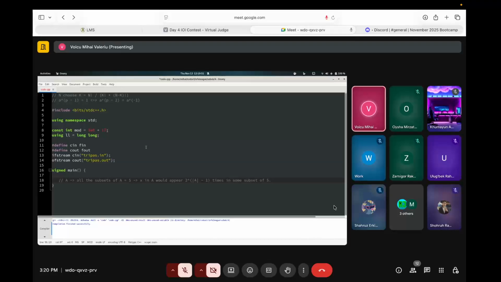I hope you do. This is obviously because we can just create any subset without X and then add X to it, and add these many subsets. And then obviously X would contribute to the sum of S with X times that value.